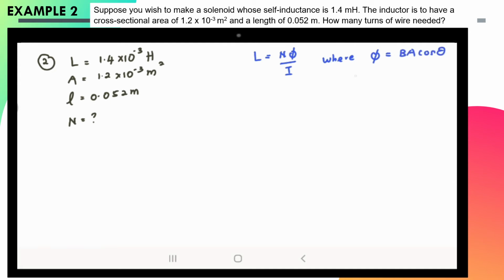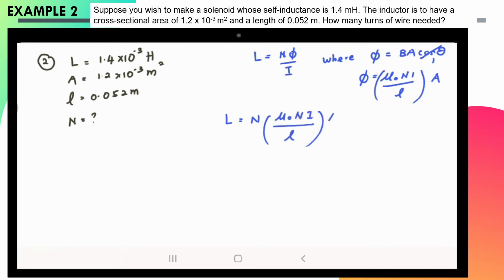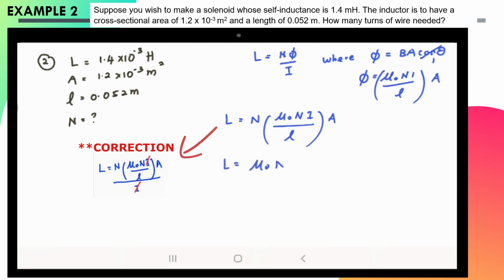And we can write phi is equal to mu naught N I over L times A. So L is equal to N times mu naught N I over L times A. So rearrange the equation. Remember we have another equation of self-inductance: mu naught N squared A over L. If you have memorized this formula, you can just use it straightly.